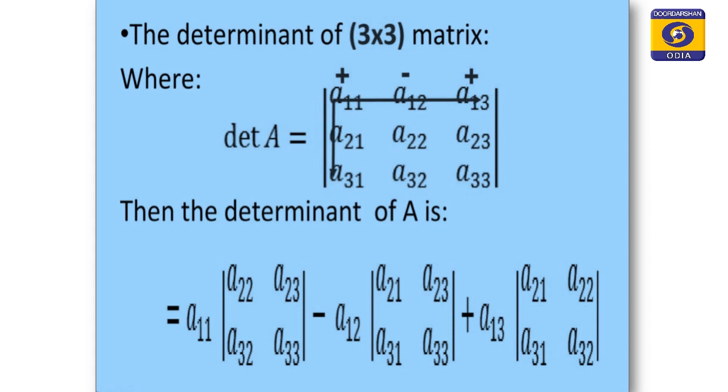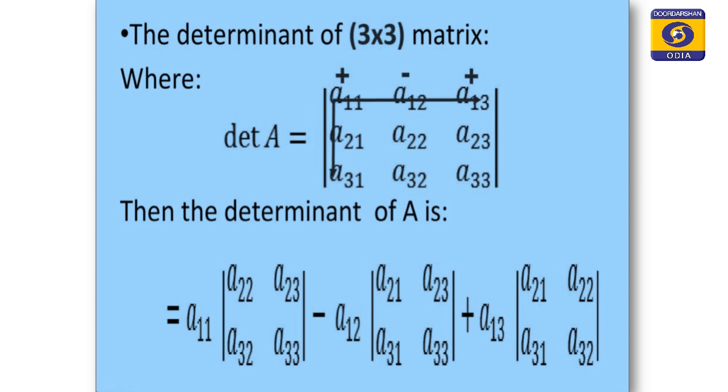As you can take a look at the slide, you can understand it better. The first row consists of A11, A12 and A13. When we take A11, we are deleting the row and column in which A11 resides, and the resultant is A22, A23, A32, A33.